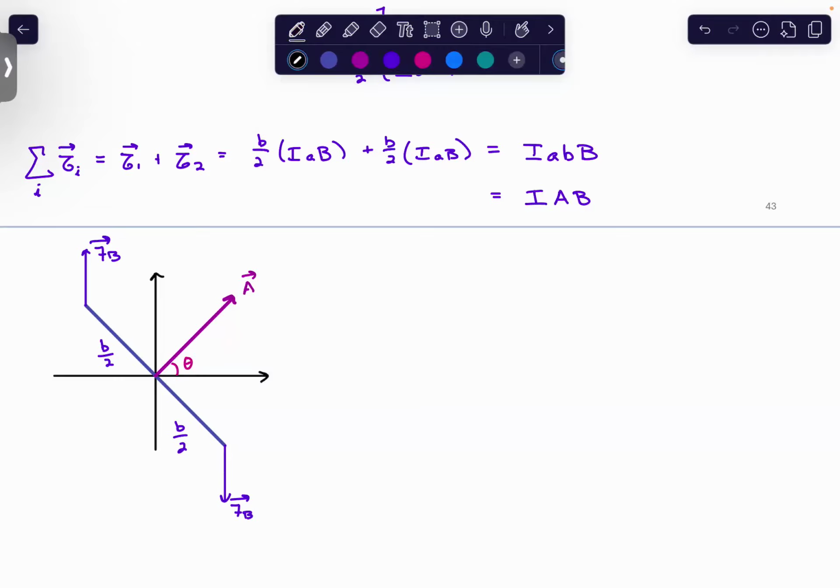Then if you remember, we actually have to extend the torque arm out. And here we get theta and theta.